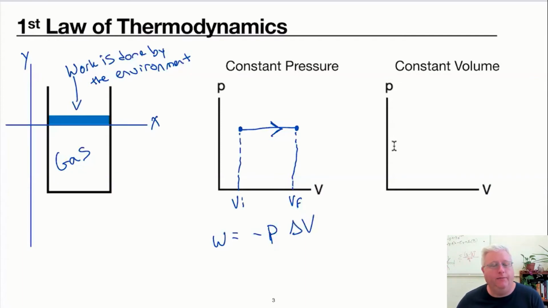Okay, if the gas were to compress instead, the work would be positive. Okay, and if you do the math out, you'll see that if we do V final minus V initial, if it was the other way around, then we would have a negative number if it was compressing going the other way. And those two negatives would cancel, and we would have positive work for the compression.